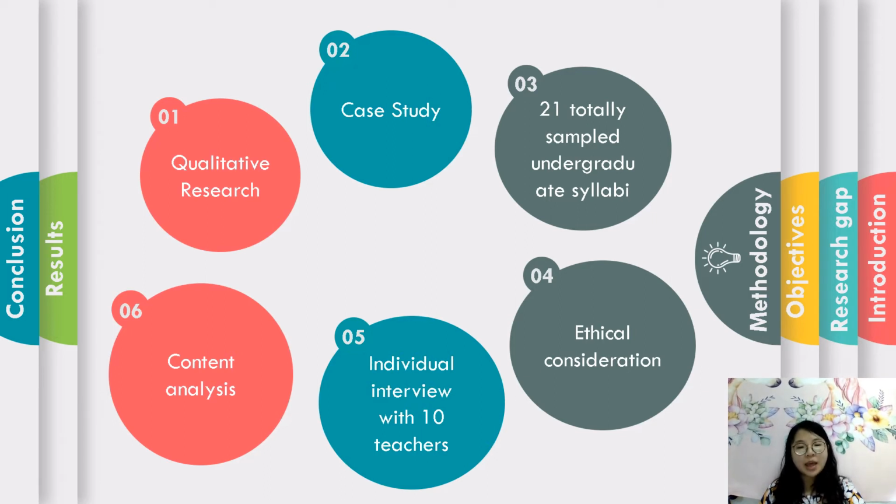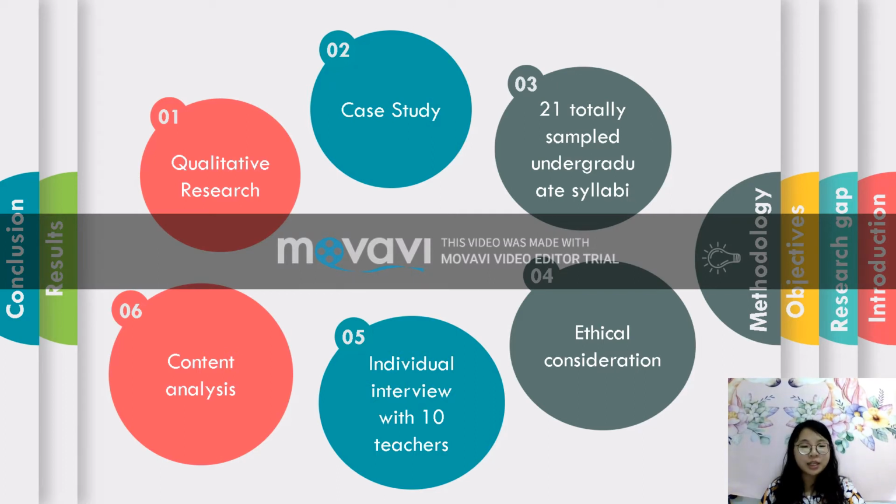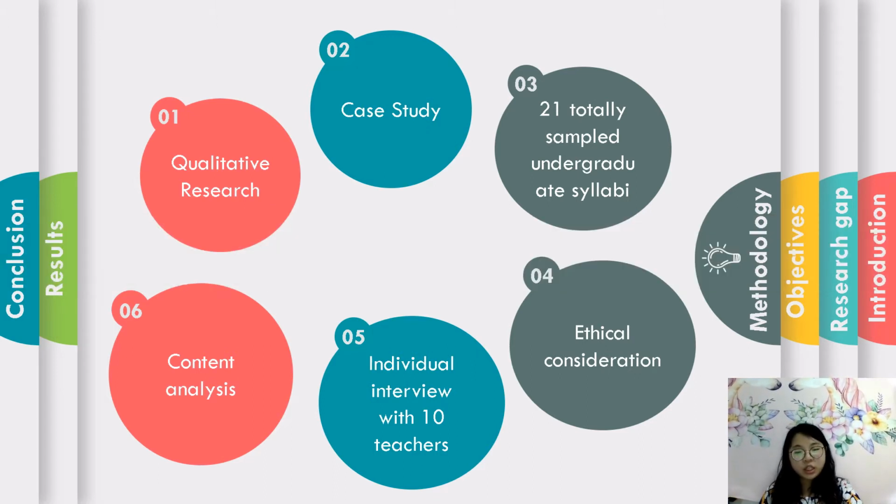The main method used in the study is content analysis. For triangulation, the researchers interviewed 10 among the 18 teachers teaching the undergraduate general courses.